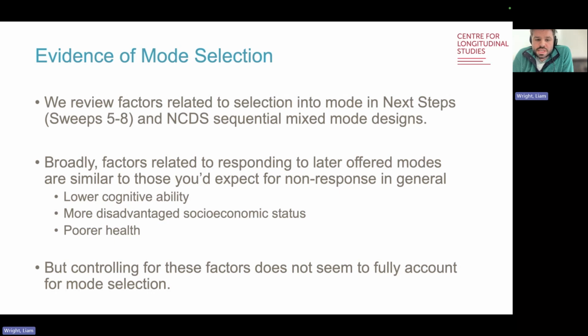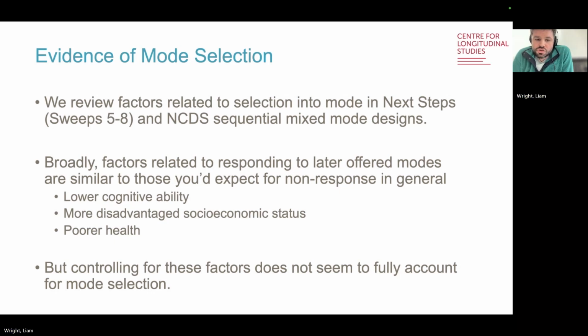Broadly, the factors that were related to responding to later offered modes were similar to those that you'd expect for non-response in general. So things that predict non-response, such as lower cognitive ability, more disadvantaged socioeconomic status and poor health, also predict late response to the survey, which in a sequential mixed mode design is directly related to which mode that you end up using.